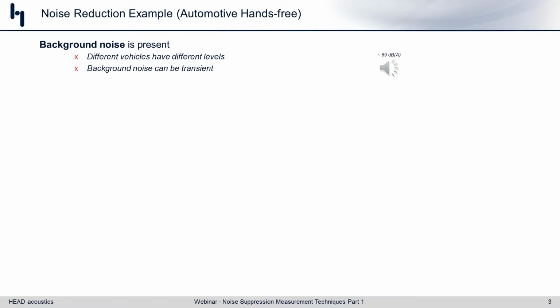So in the automotive hands-free case, the number one thing is, of course, you don't sit in an anechoic chamber and make a phone call. You're in a real moving vehicle. There's lots of background noise. It could be raining. Your windshield wipers could be going. If you're driving X miles an hour, there is probably some tire noise.